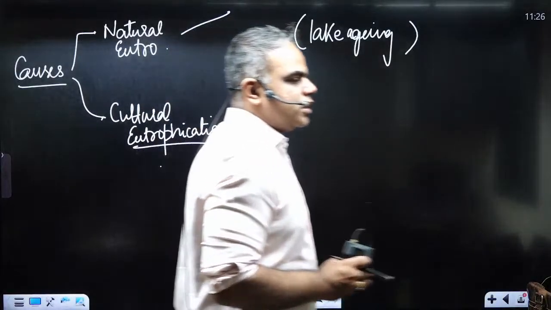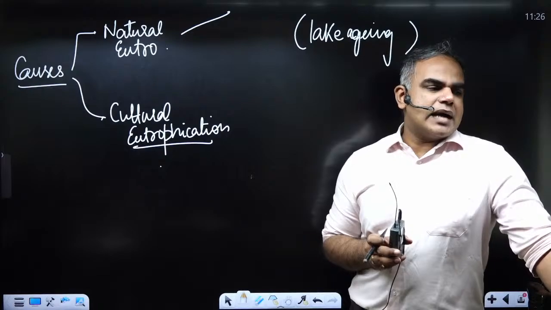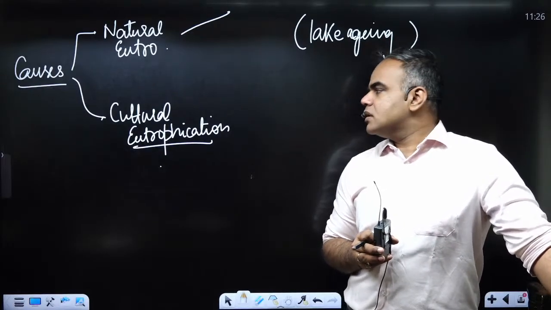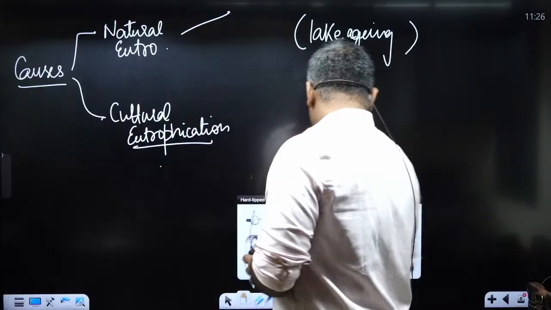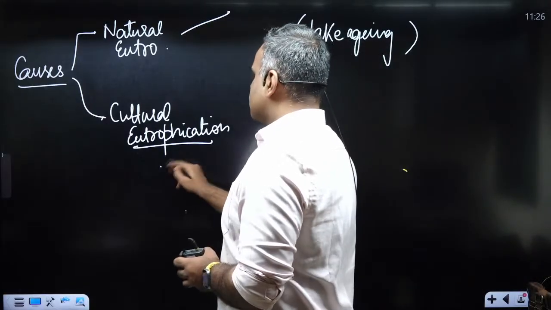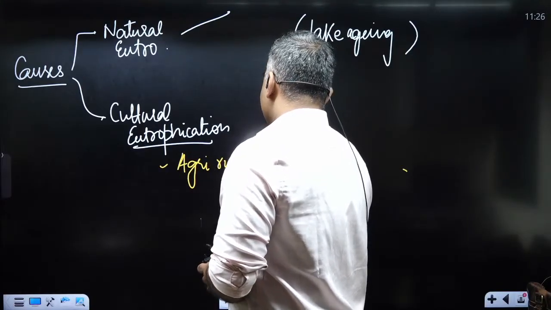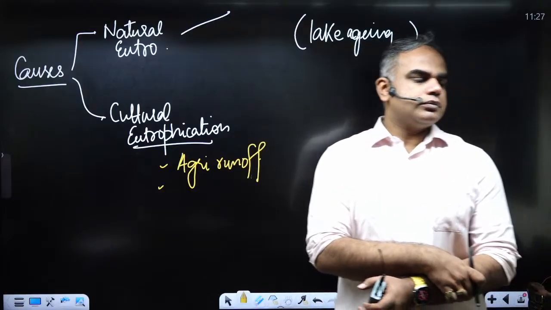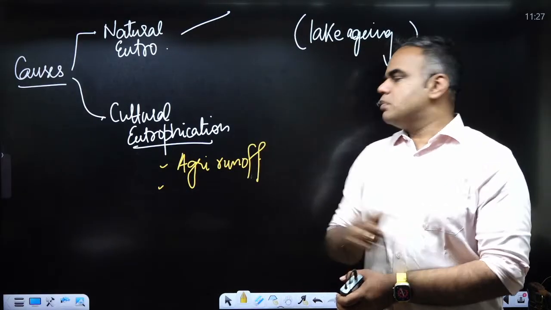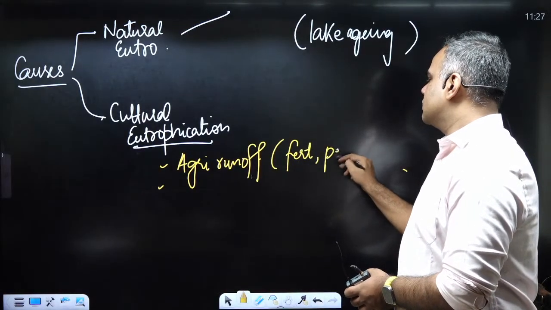Then come to cultural eutrophication. Dash लिखो, accelerated by human activities such as. अब इसमें मिनी पॉइंट्स लिखेंगे. सबसे पहला फर्स्ट पॉइंट इज एग्रीकल्चरल रन ऑफ, यू कैन राइट ब्रैकेट में फर्टिलाइजर्स, पेस्टिसाइड्स.